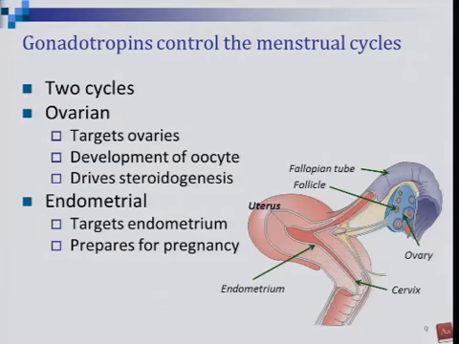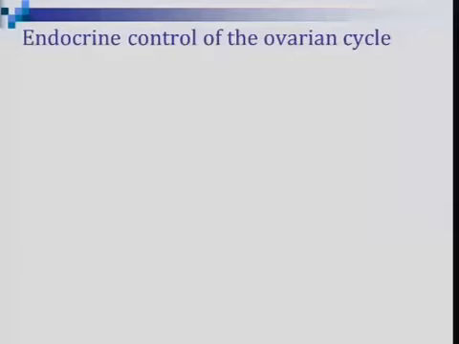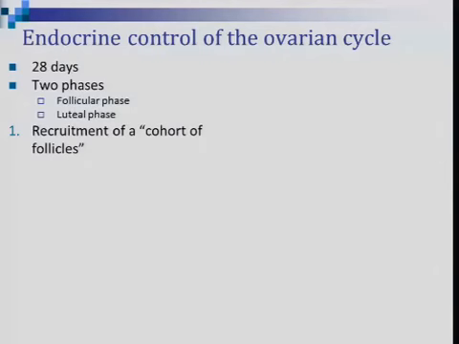Okay, so here is the endometrial layer of the uterus, and here is the ovary, and this is a developing follicle here. Okay. So the ovarian cycle, we'll go over that first since that's where the hormones come from. Okay. It lasts 28 days. There are two phases. The first phase is the follicular phase. The second phase is the luteal phase.